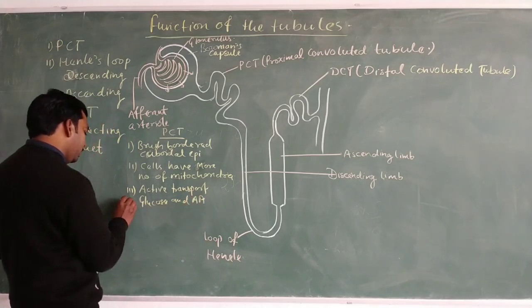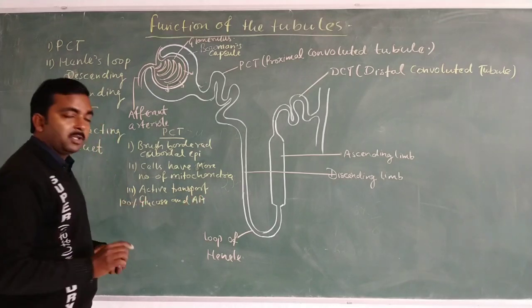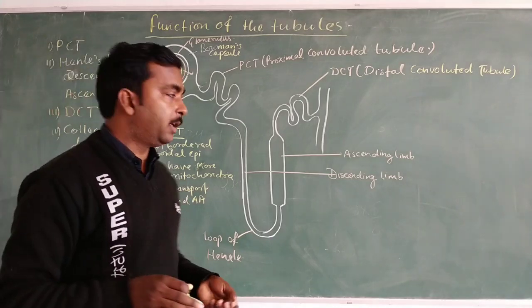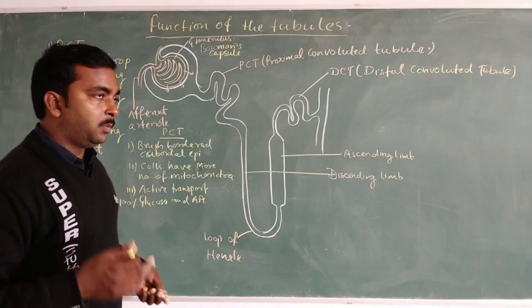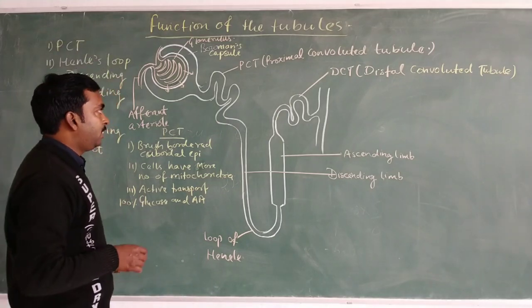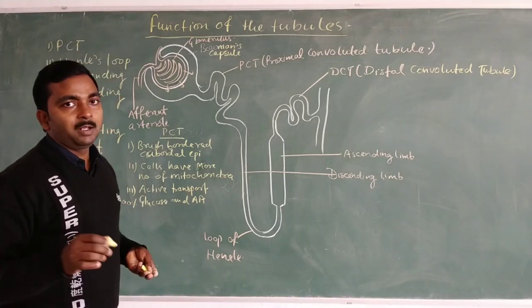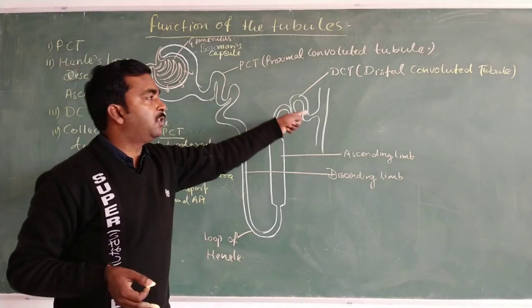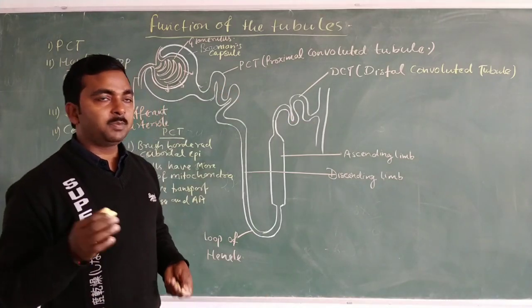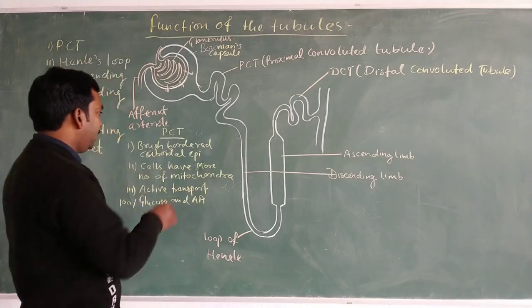So 100% of glucose and amino acids get reabsorbed in the PCT region by the blood capillaries around the PCT, and we have discussed that the blood capillaries around the PCT and DCT are known as peritubular capillaries.